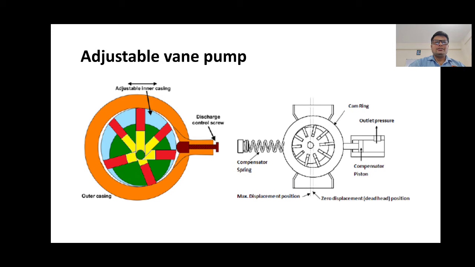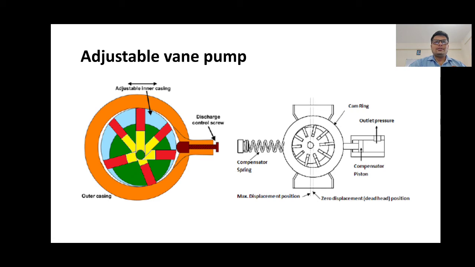This can be achieved by adjusting the positional relation between the rotor and the inner casing with the help of an external controlling screw. The discharge control screw, which you can see in the figure, is the component responsible for generating adjustable positions of the rotor and inner casing.